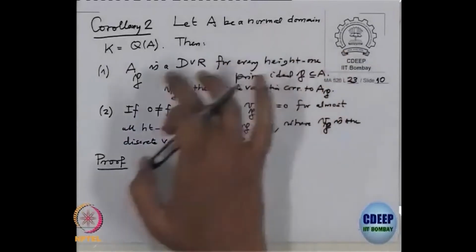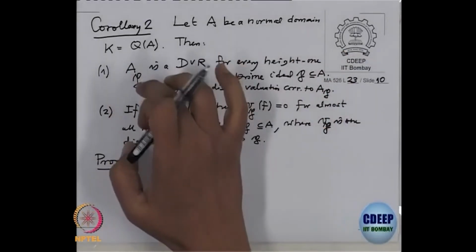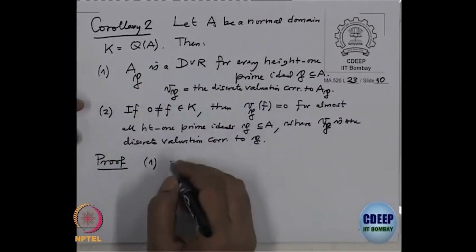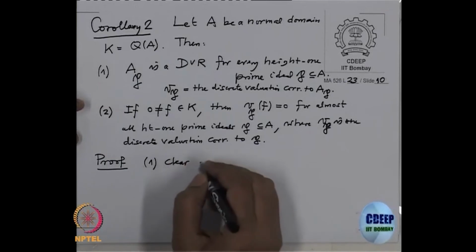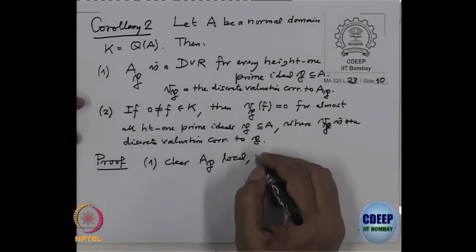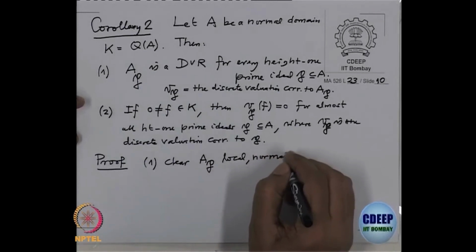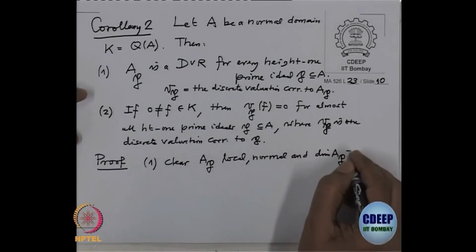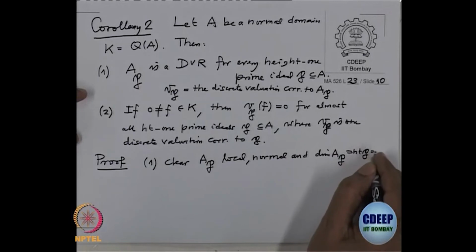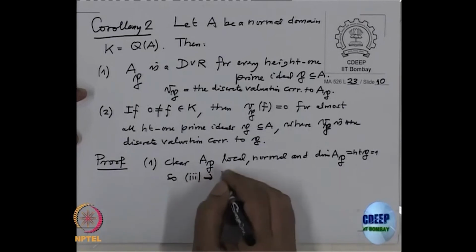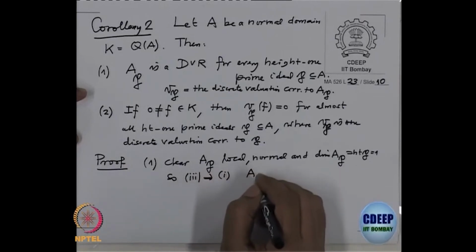So, AP is local, and because A is normal, A localized at P is normal, and the dimension is 1 because height is 1 we are considering. So, 1 is clearly AP is local, normal, and dimension is 1, dimension of AP which is height P which is 1. So, by 3 implies 1 of the theorem, AP is a DVR.